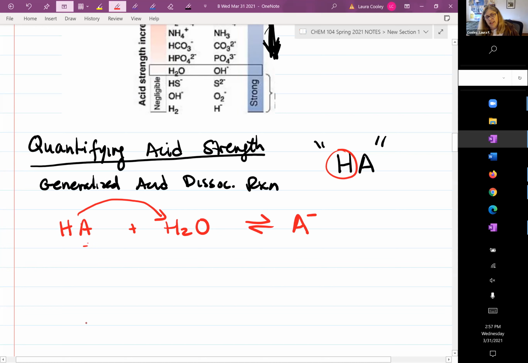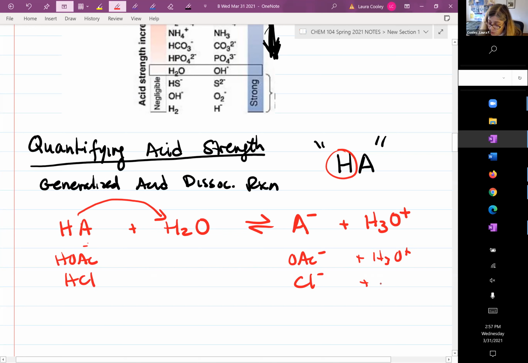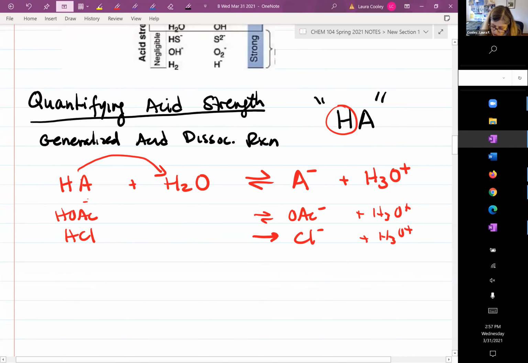If it was HOAc, it would be OAc minus and H3O plus. If you had HCl, Cl minus and H3O plus. That's what I mean by a generalized form, except the HCl would be a single arrow, not a double arrow.